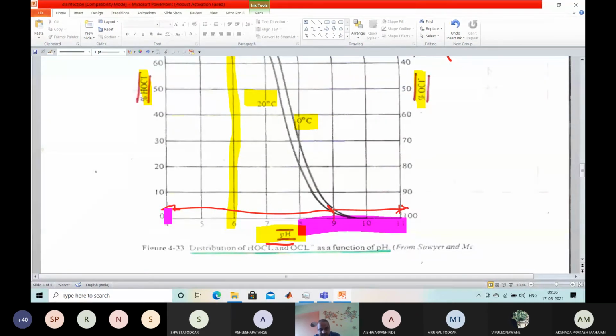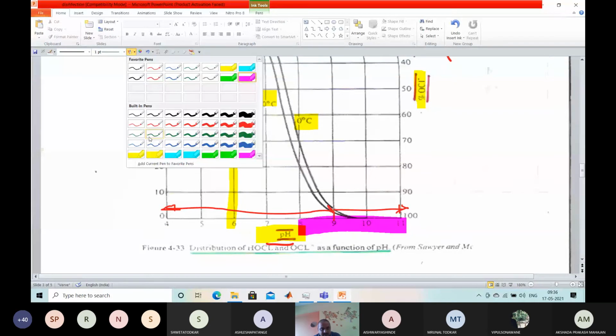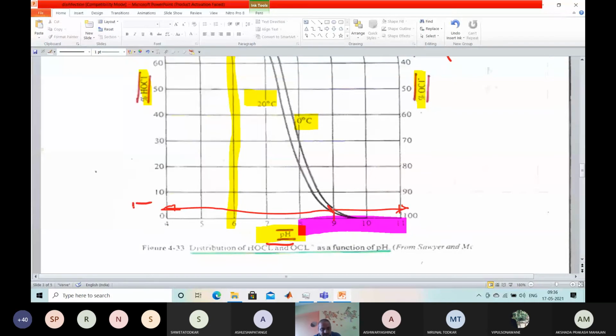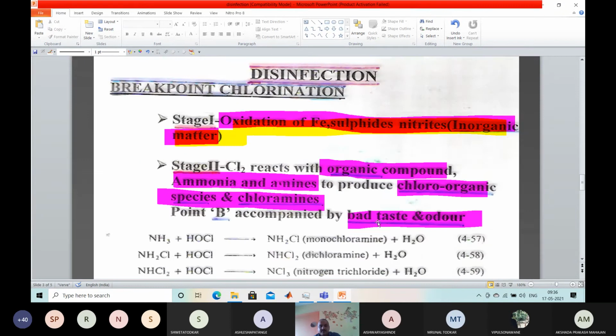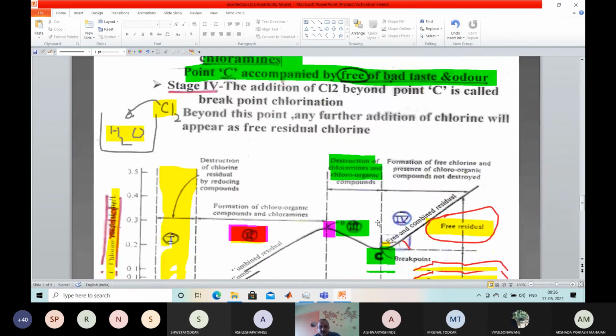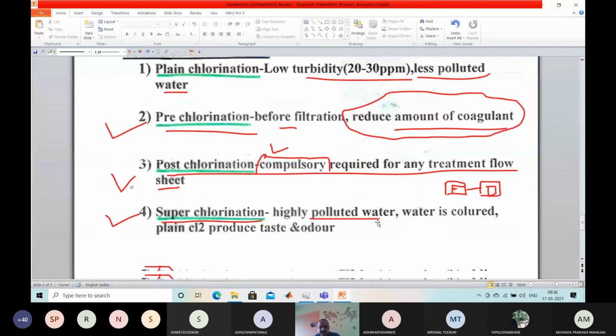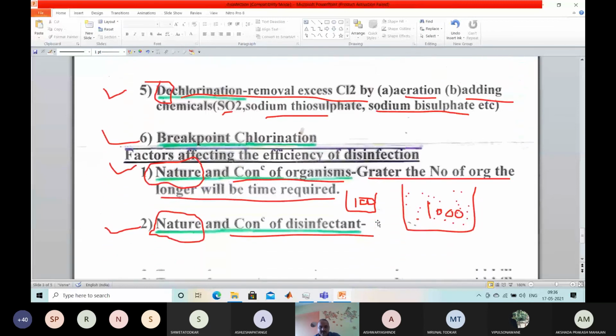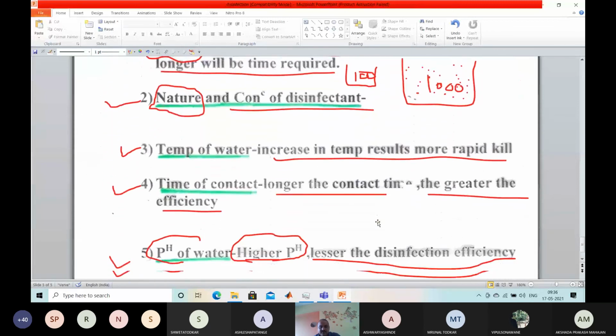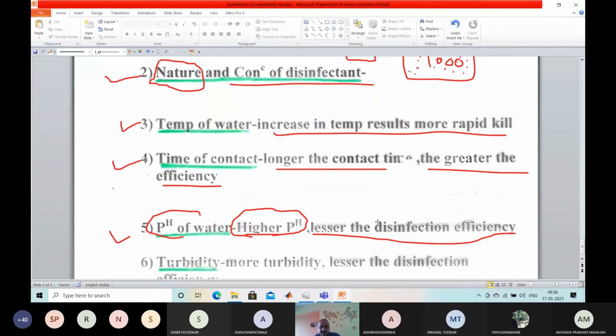See, at 9, only 5% is HOCl, and 95% is OCl ions. So if the pH increases, the OCl ion is going to be more, and we don't want that. We want the HOCl, so the pH should be kept between 5.5 and 8. If you provide a higher pH, naturally lesser efficiency is going to be possible. That is one of the parameters.